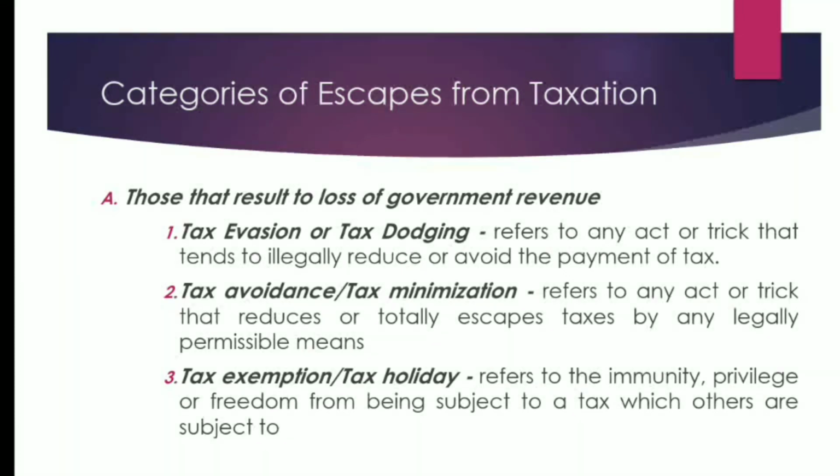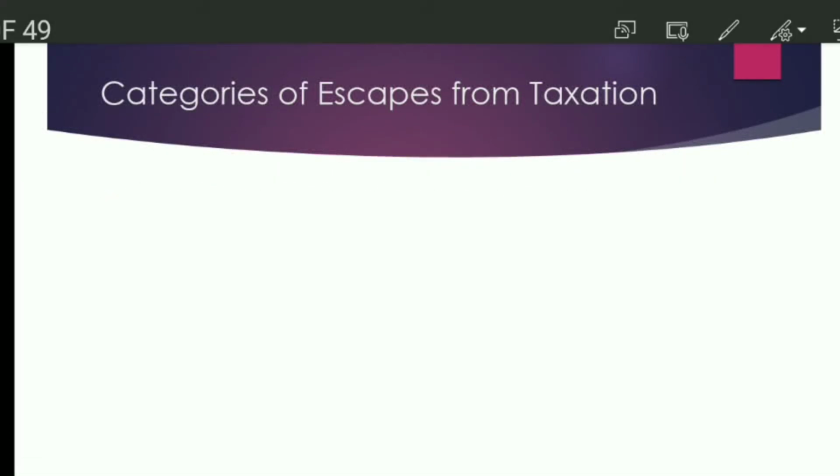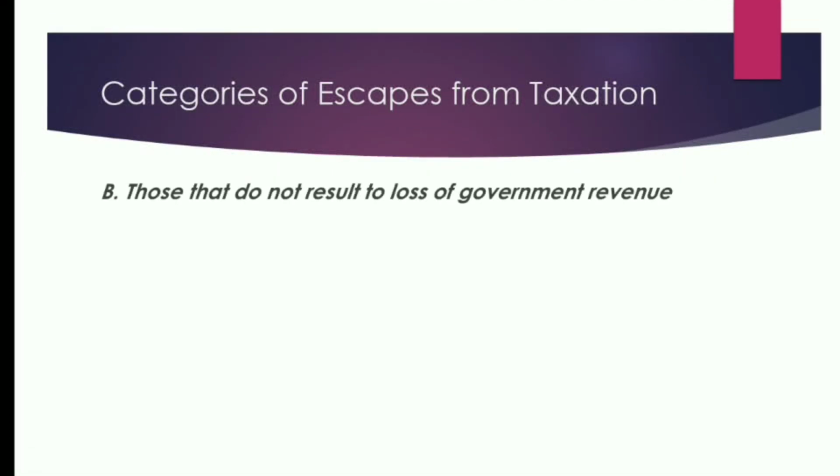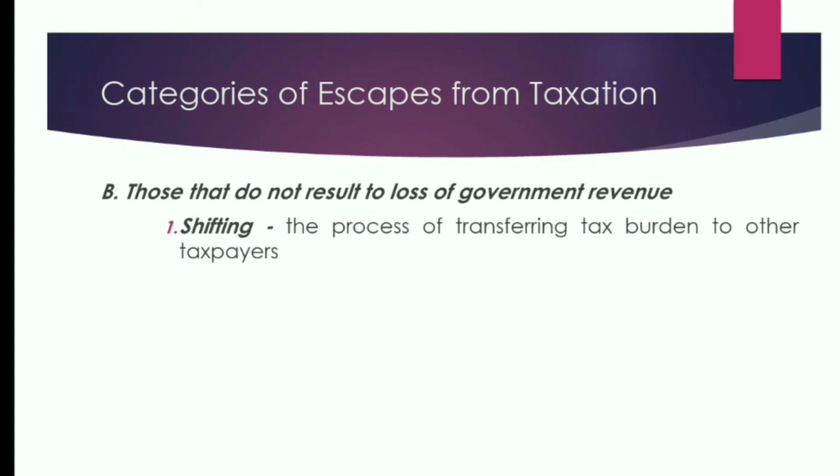We will now move on to the second category of the escapes from taxation, those that do not result in loss of government revenue. The first one is shifting. This is the process of transferring tax burden to other taxpayers. There are three forms of shifting: forward shifting, backward shifting, and onward shifting.